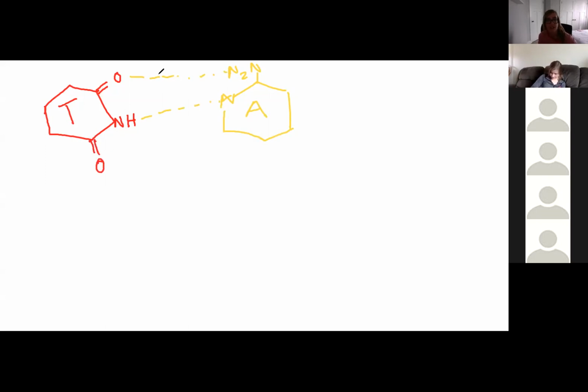So these are the 2 bonds, O to H. This is an H, not an N. You guys need to catch me on this stuff. You're drawing it down. This is an H2N. This is an NH, because this is going to make an H2N. This is going to make your OH. Still a form of H bonding between the 2, total of 2 H bonds between A's and T's.